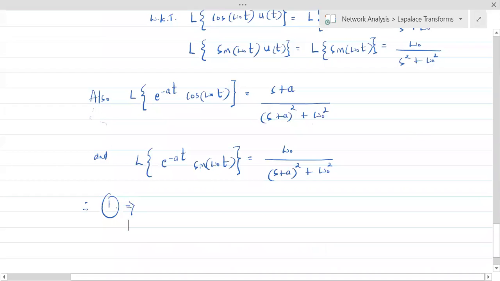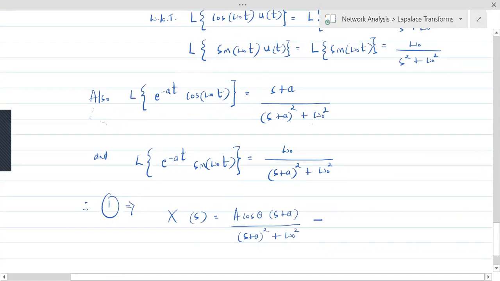Therefore, equation number 1 looks like this: X of s equal to a cos theta, which was there already as the scalar, along with that you have s plus a divided by s plus a squared plus omega naught squared, minus the second term, a sin theta, is there, right?